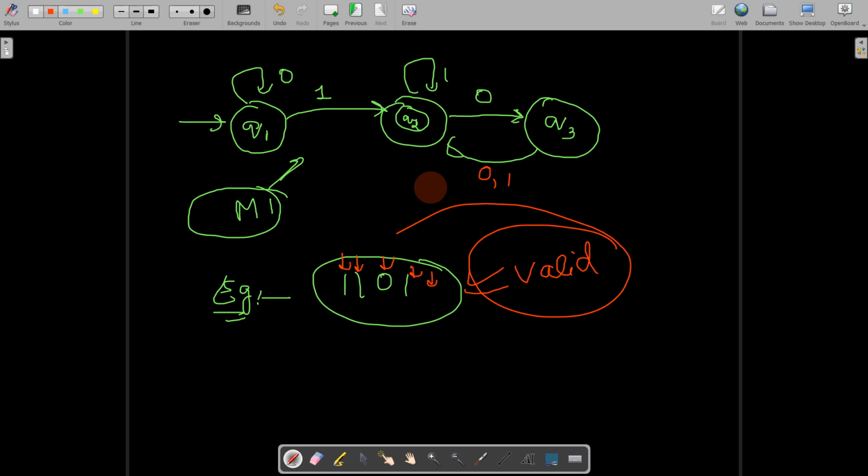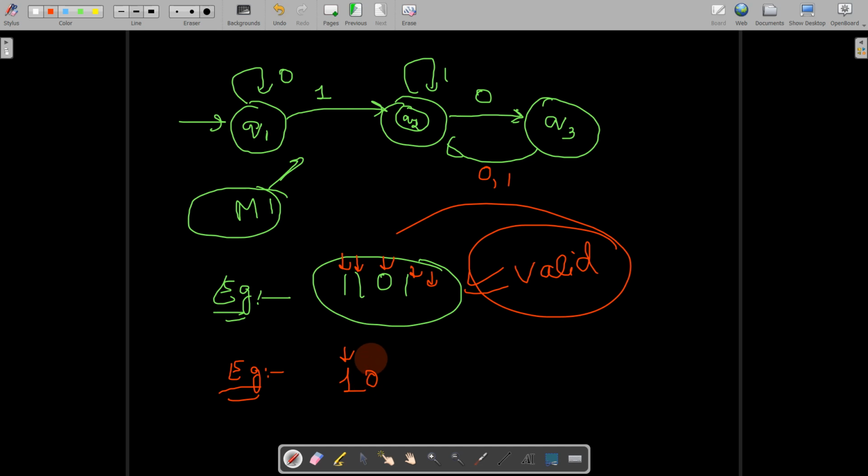Now, if we keep on checking a number of inputs to this machine, we will see another example that will not be accepted. Take 1 0, a small one. First we read the input 1, we were at Q1, we go to state Q2.